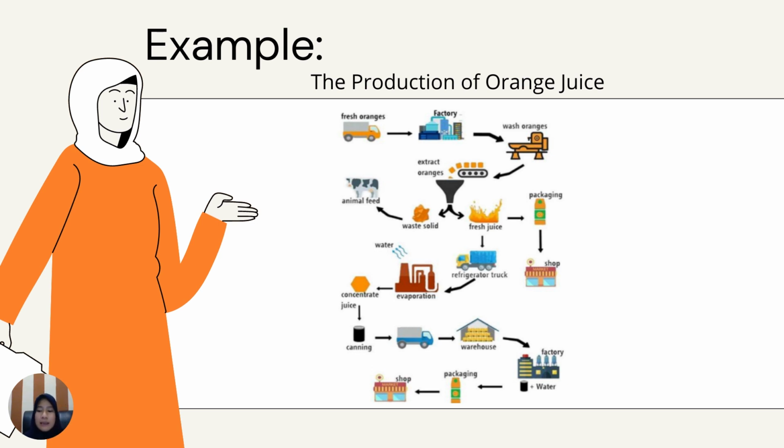And after these steps are complete and the oranges turn into fresh juice, it can be directly packaged to be sent to the store or sent using a refrigerator truck to carry the fresh juice to the evaporation process, where the fresh juice is concentrated into processed concentrated juice, which is then packaged in cans and delivered using a truck to be stored in the warehouse as a storage for the package to be brought to the factory and in the factory to be remelted and repackaged again.